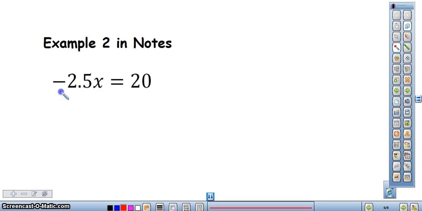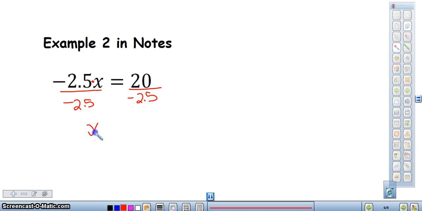Our second example in our notes is negative 2.5 times x equals 20. The opposite of multiplying by negative 2.5 is to divide by negative 2.5. X is equal to, when we do our division, negative 2.5 goes into 20. You take out your calculator, you can do division.